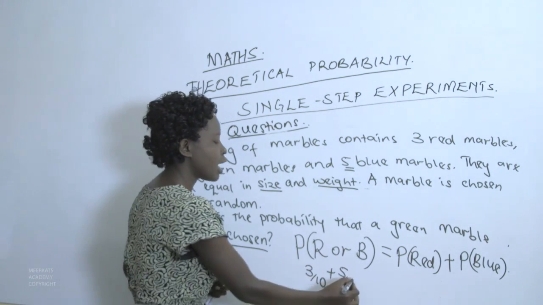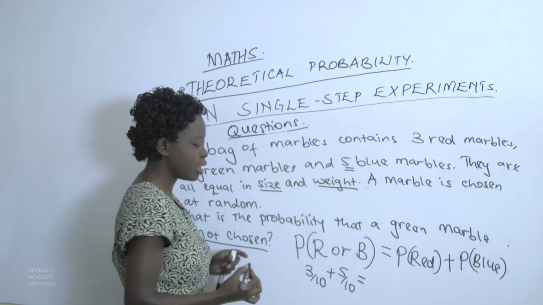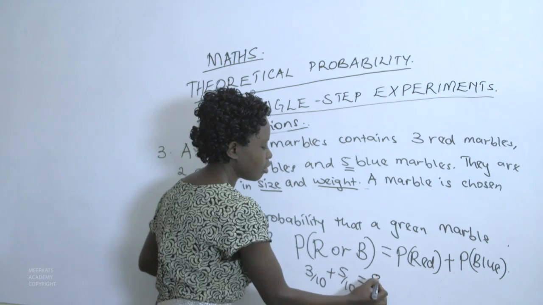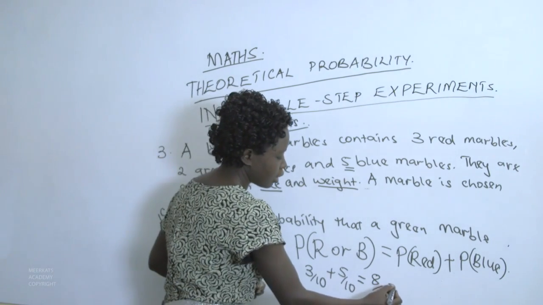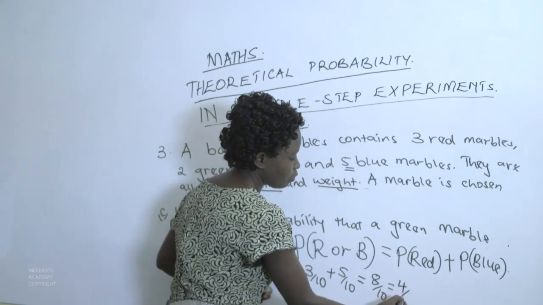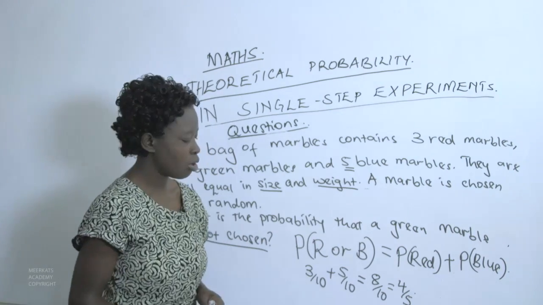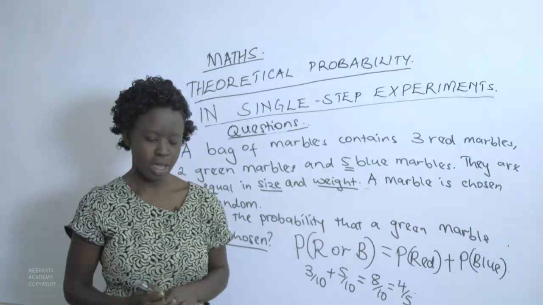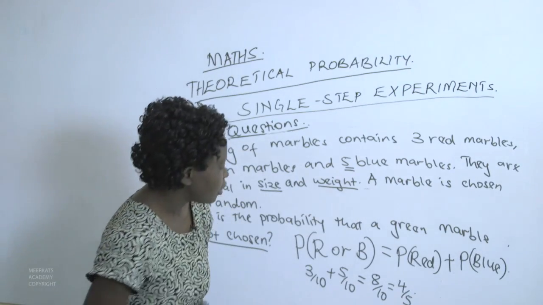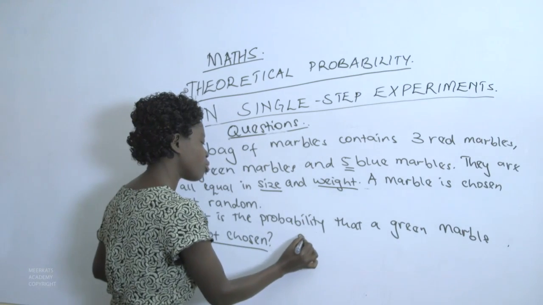So when we add, we get that the probability of not choosing green will be 8 over 10. If we simplify 8 over 10, it's simply 4 over 5, or 0.8, or 80%. So that is the first option we have. Alternatively, we can decide to find the probability of choosing green.